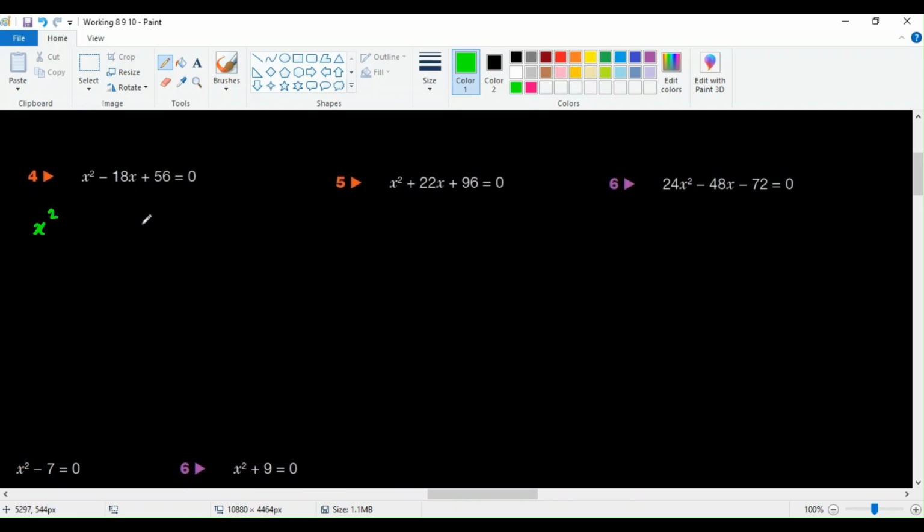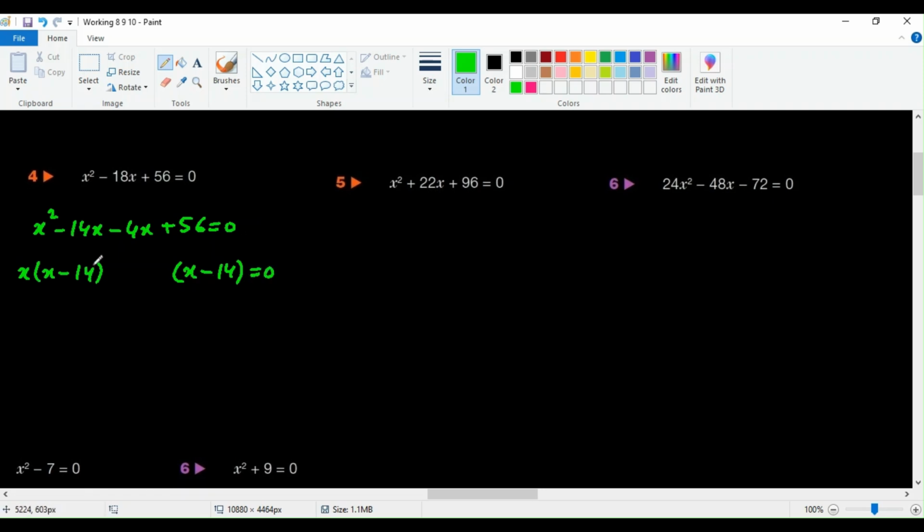Okay, so x square and plus 56 I will write as it is, and I know very well that 14 and 4 gives us minus 18. So minus 14x and minus 4x is going to give us minus 18, and 14 times 4 is going to give us 56. So x and x minus 14 comes in one bracket, copying down as it is without any change.